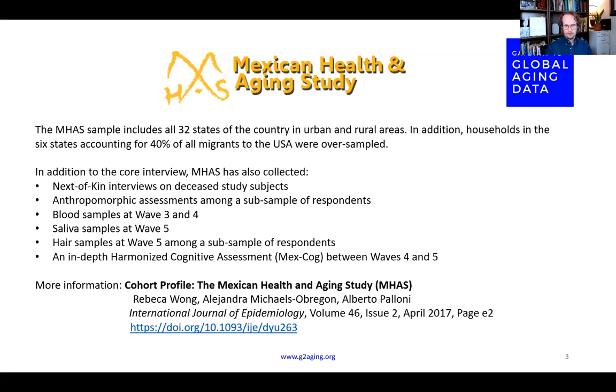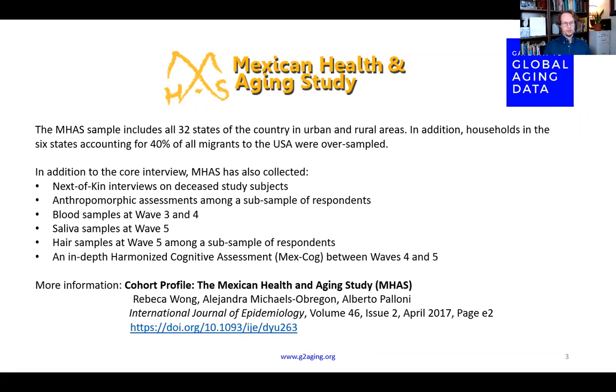Hair samples were taken at wave 5 among a subsample. And between waves 4 and 5, MHAS also did what's called an HCAP study, or a Harmonized Cognitive Assessment Protocol study, which they call MEXCOG, which includes a lot of really in-depth questions and protocols around cognition.